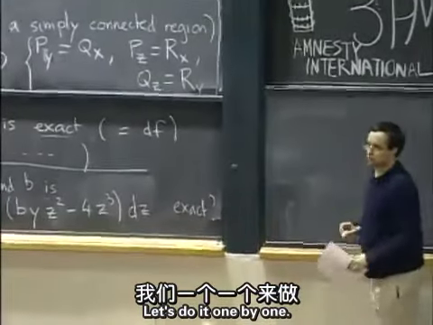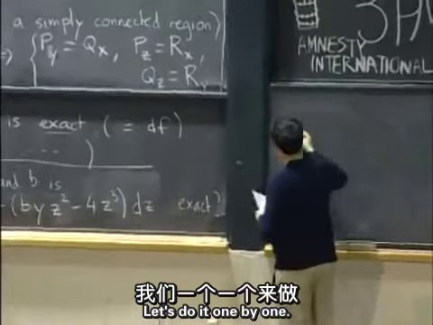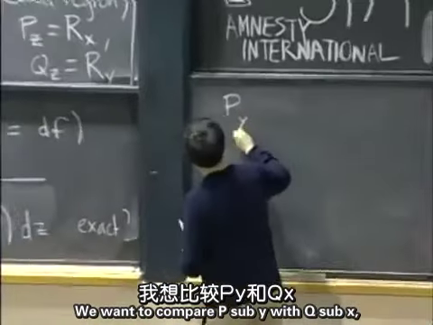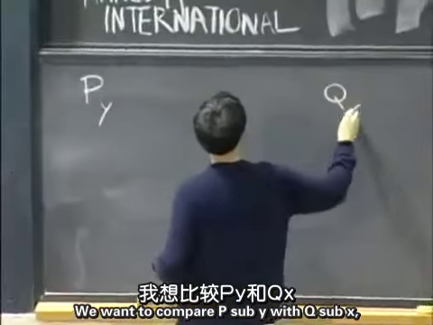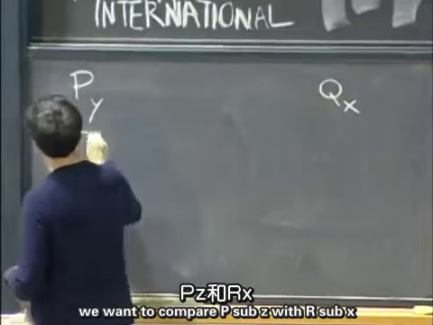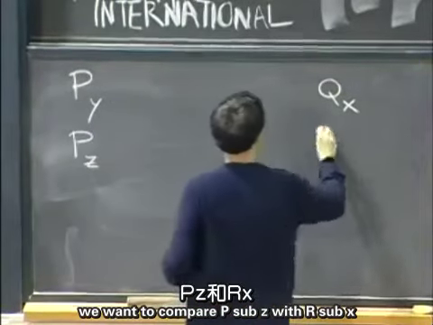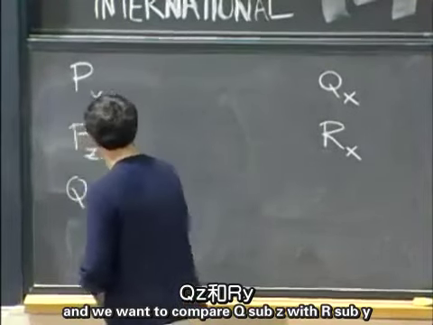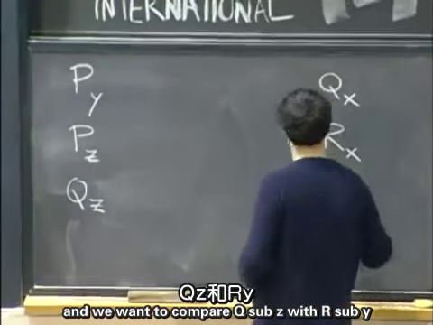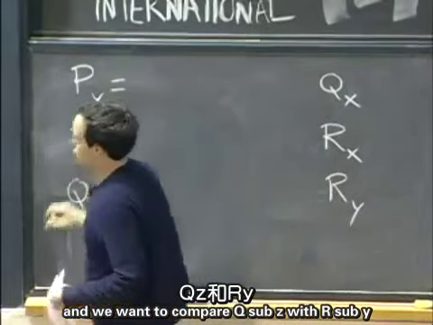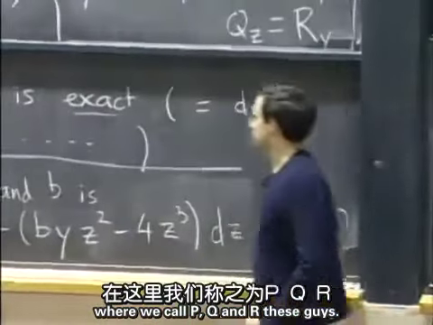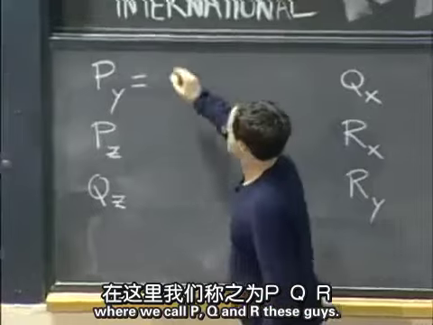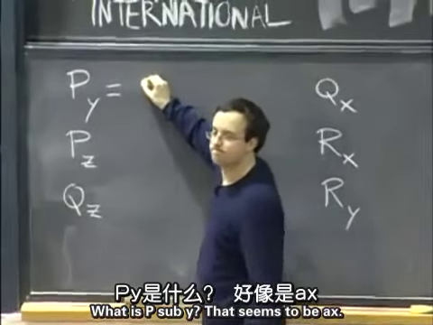Well, so let's do it, one by one. So we want to compare P sub y with Q sub x. We want to compare P sub z with R sub x, and we want to compare Q sub z with R sub y. Where we call P, Q, and R these guys. So let's see, what is P sub y?